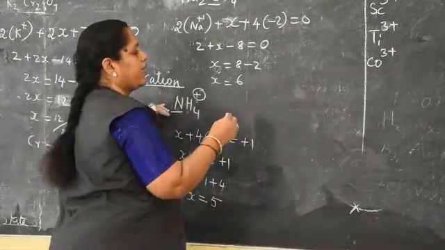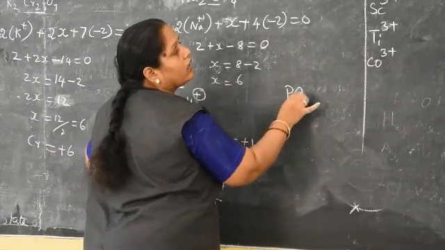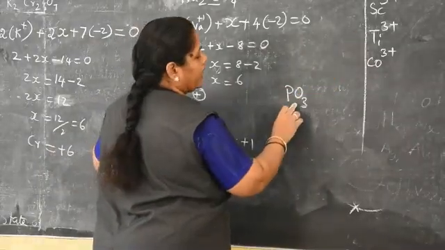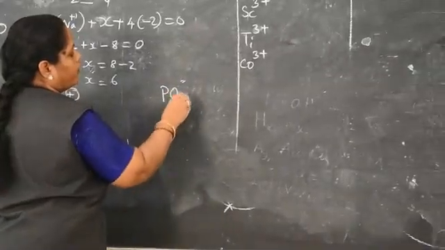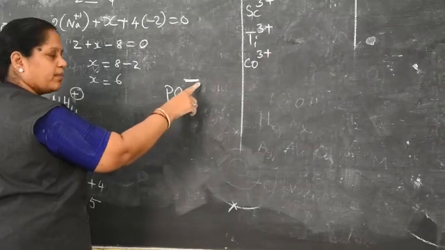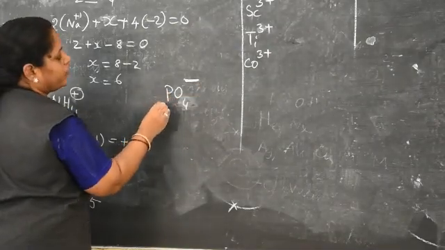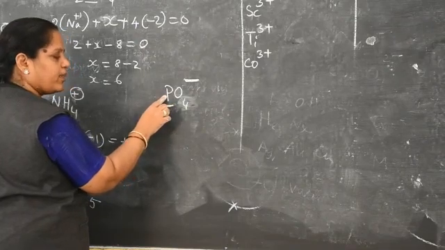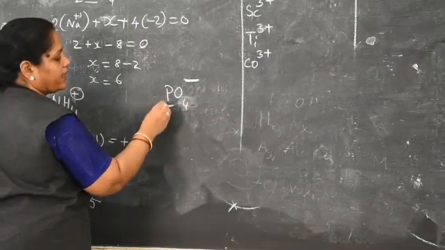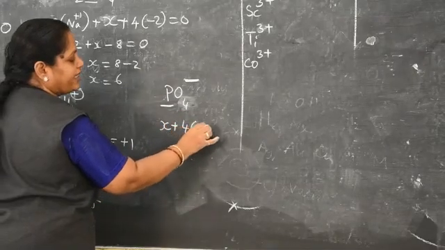Like that we can consider the next one, PO4 minus. Here it carries what charge? Minus charge. We want to find out the oxidation number for phosphorus. I don't know, so I put x, 4 times minus 2.